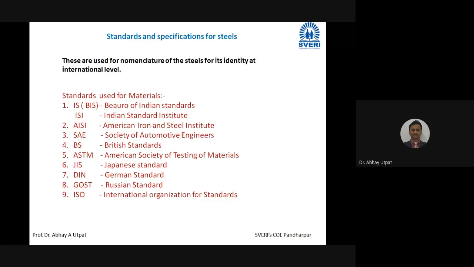Now, the next three are JIS, DIN and GOST. Actually, these are their local language long forms. JIS is Japanese standard, DIN is German standard, and GOST is Russian standard. You might know that only India is following the British by referring to English as a standard language.